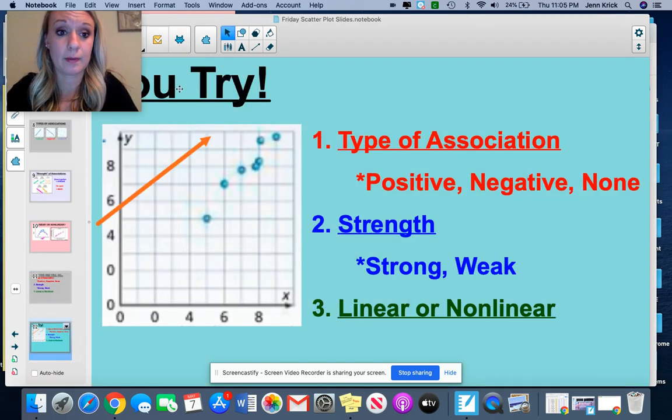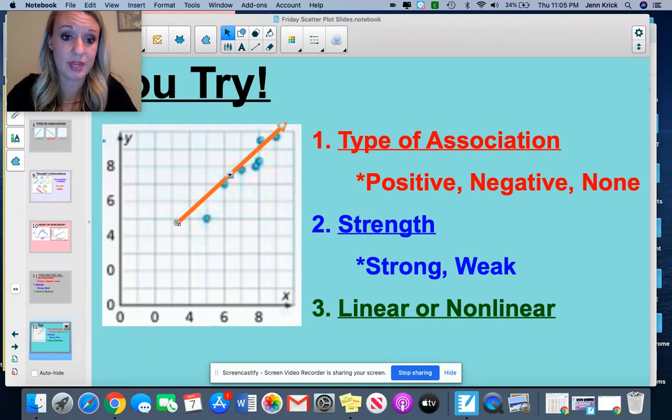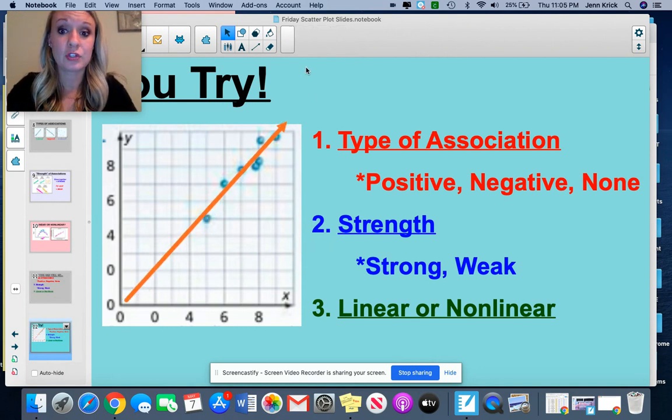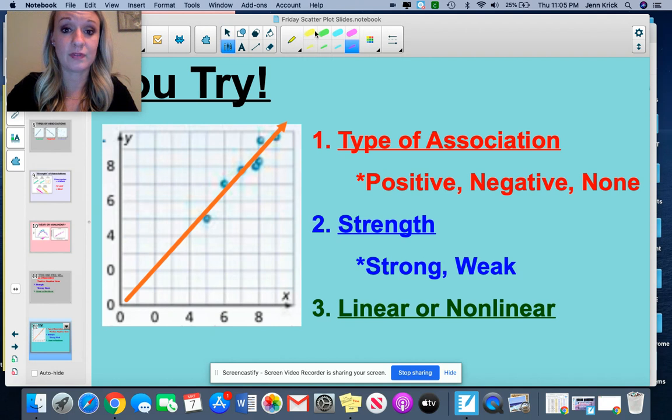All right, so here we are. Taking a look at this graph, the first thing you want to do is drop in your line of best fit. So this would be about perfect because it goes about halfway through. Step one, what type of association is it? Is it going up, down, or is there no way to tell? Well, I can see that this is going up, so that's going to be a positive association.